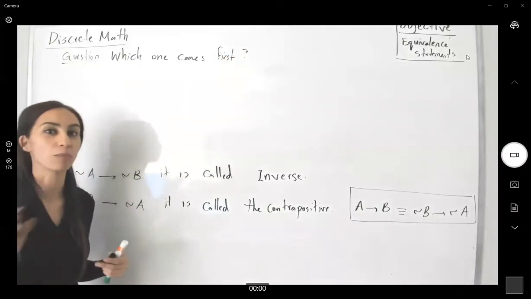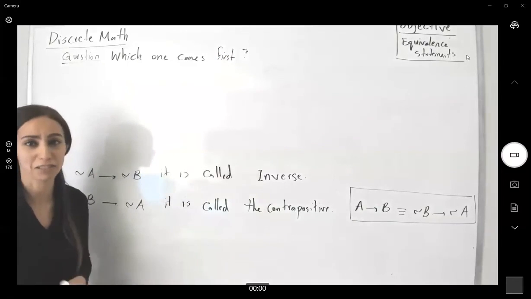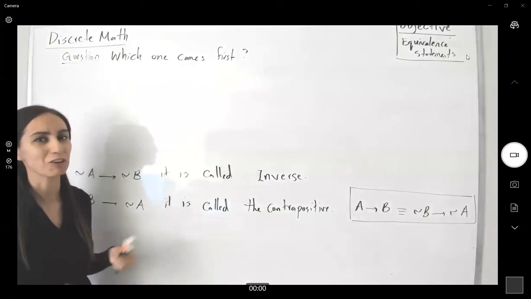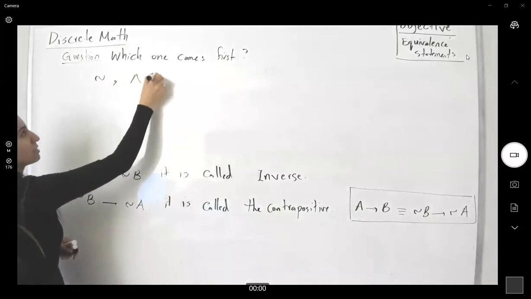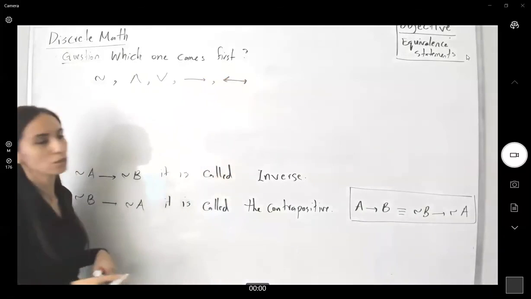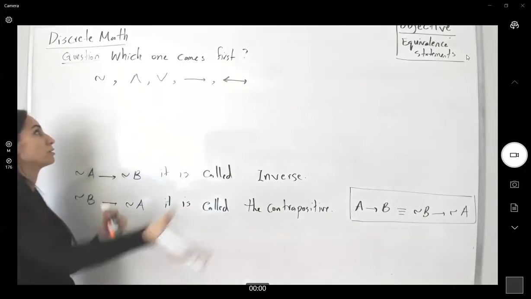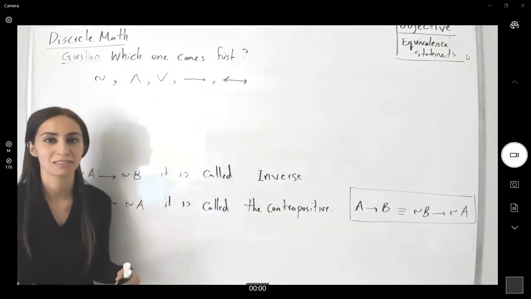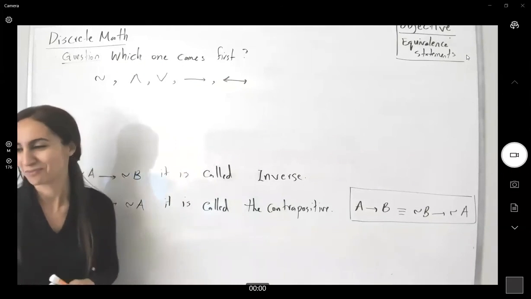Remember the order of operations in algebra? Here we have some connectors, some operations. Which one comes first? Negation, and, or, implication, biconditional? If you have a statement including all of these, which one comes first?